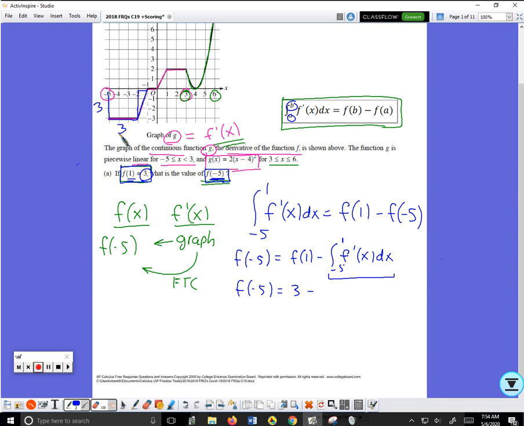Okay, the minus was because of how I rearranged the fundamental theorem. The integral itself starts out negative because these values of f prime are negative. So I get 9. This is 3. This triangle here is 3 times 1 divided by 2, 3 over 2. It's also negative.